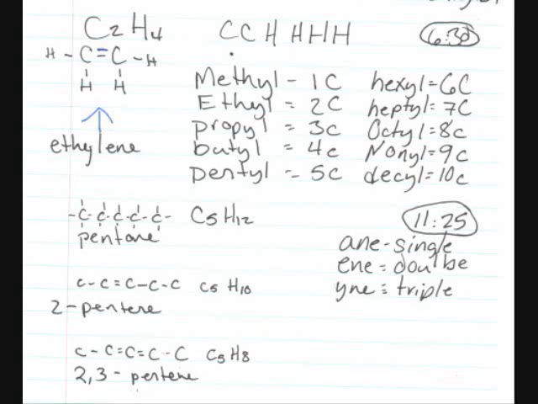Ethyl, that's 2 carbons. Propyl is 3. Butyl is 4. Pentyl is 5. I'm just going to start writing them like that. Everybody understand that means 5 carbons?